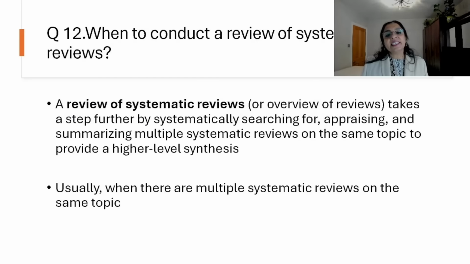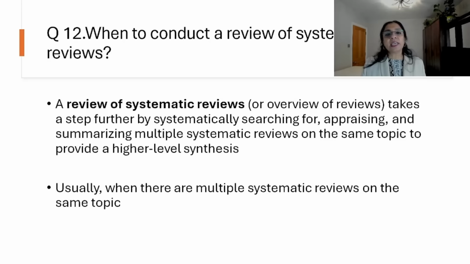So when to conduct a review of systematic reviews? A review of systematic reviews, or overviews, or umbrella reviews: you can see all this terminology in the literature. A review of systematic reviews takes a step further by systematically searching for, appraising and summarizing multiple systematic reviews on the same topic to provide a higher level synthesis.